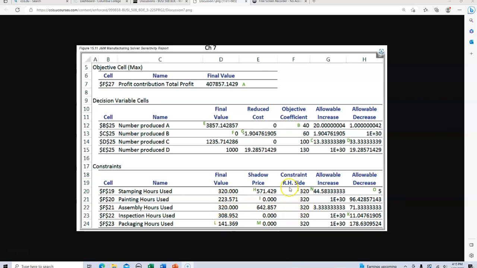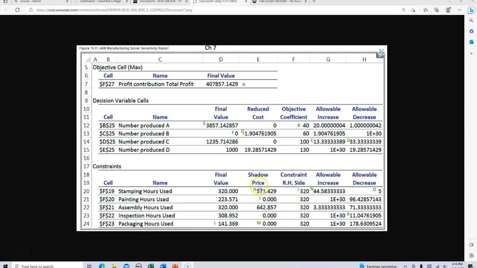So what we need to make sense of now is this, and this is money, $571.43. The relationship between shadow price and allowable increase and decrease is this. If I have 1 additional hour, what happens to the final value?